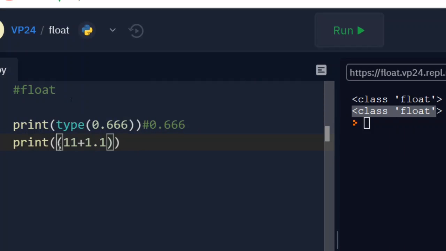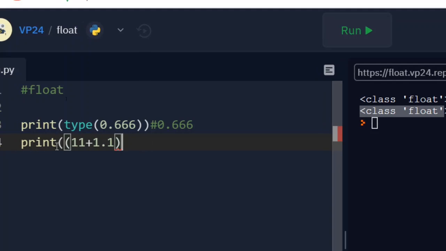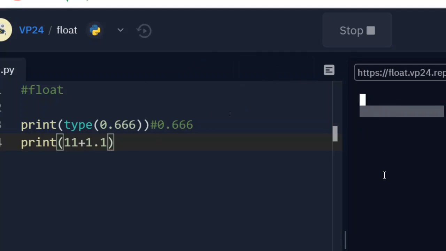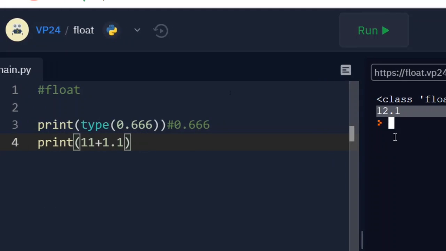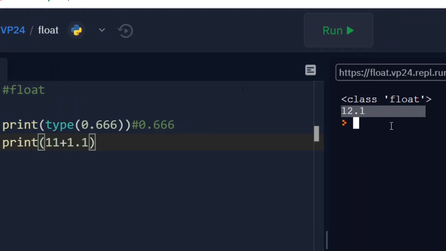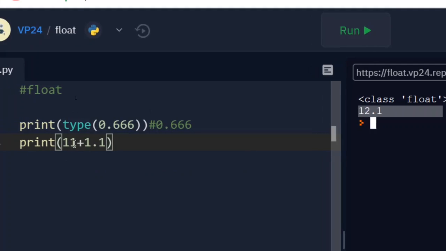If I remove this type and these brackets over here and run this, do you see that? The answer of 11 plus 1.1 is 12.1, and this is a floating point number, so our result became class float. So what does this mean? This is an integer and this is a floating point number, so our interpreter can also typecast two different data types, depending upon the result, right?